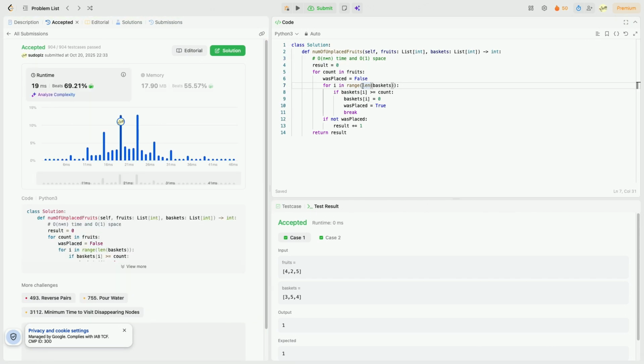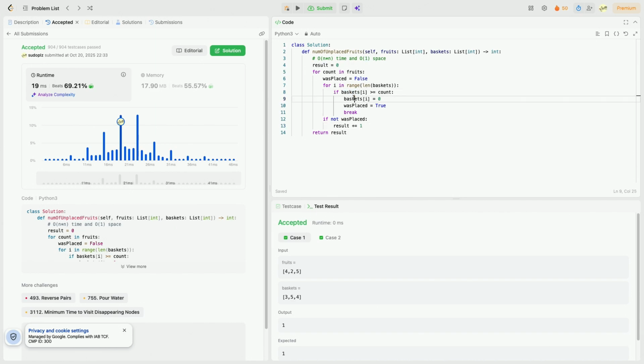Now the question is whether we can come up with a solution that is a little bit more efficient. It's kind of difficult, right? I don't think we can make substantial efficiency improvements here.